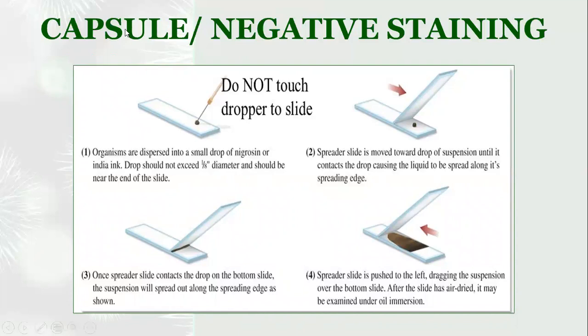Here in capsule staining, the smear is prepared in such a way that one drop of bacterial suspension is taken and mixed with the stain, nigrosin dye or Indian ink. Either one is used. The smear is prepared by spreading with another clean glass slide.